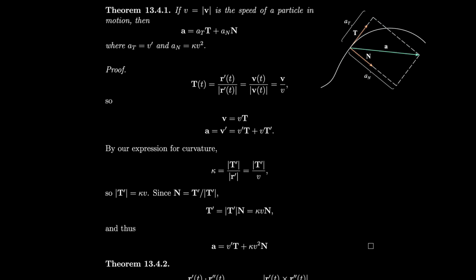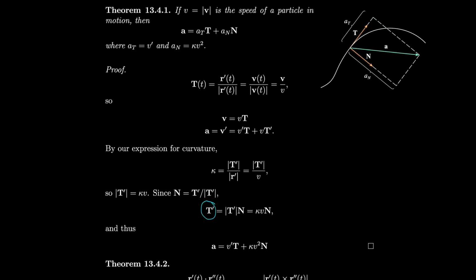So that means that we can multiply kappa by v to solve for the length of the derivative of the unit tangent. So we get that the length of the derivative of the unit tangent is just kappa times v. Then we use the definition of the unit normal. That's just T prime over the length of T prime. So now we substitute in.